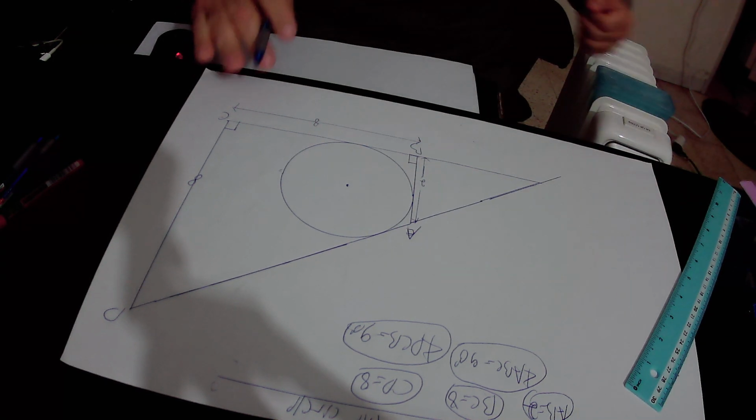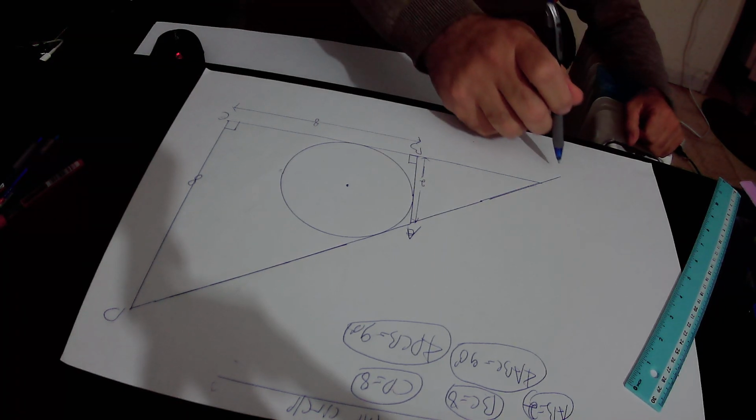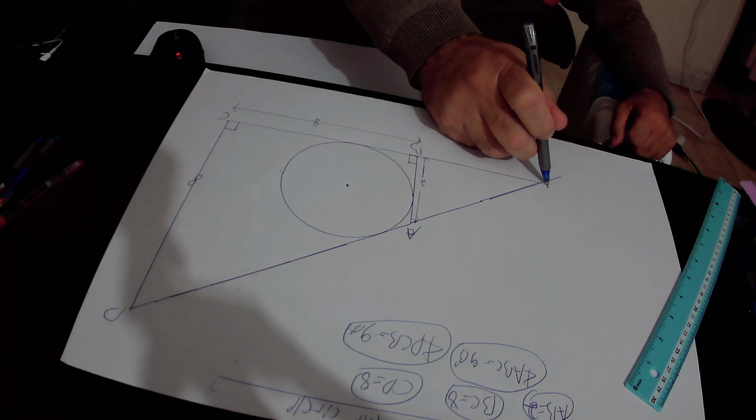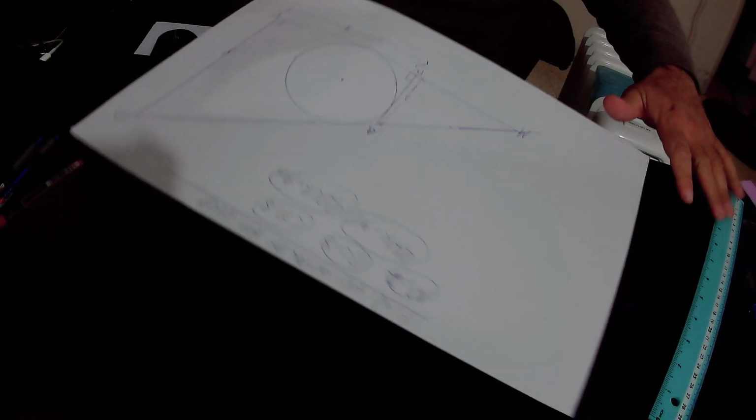We define the touching point of the extended DA and extended CB, this point is M.